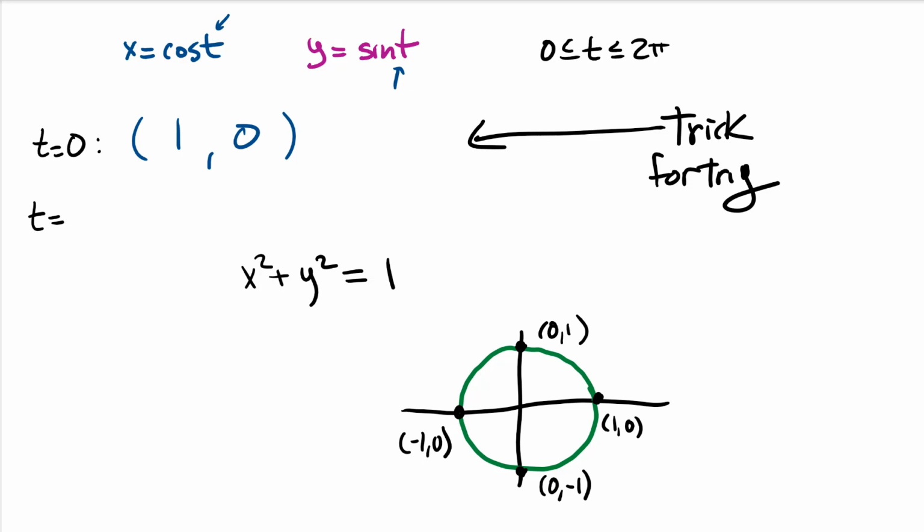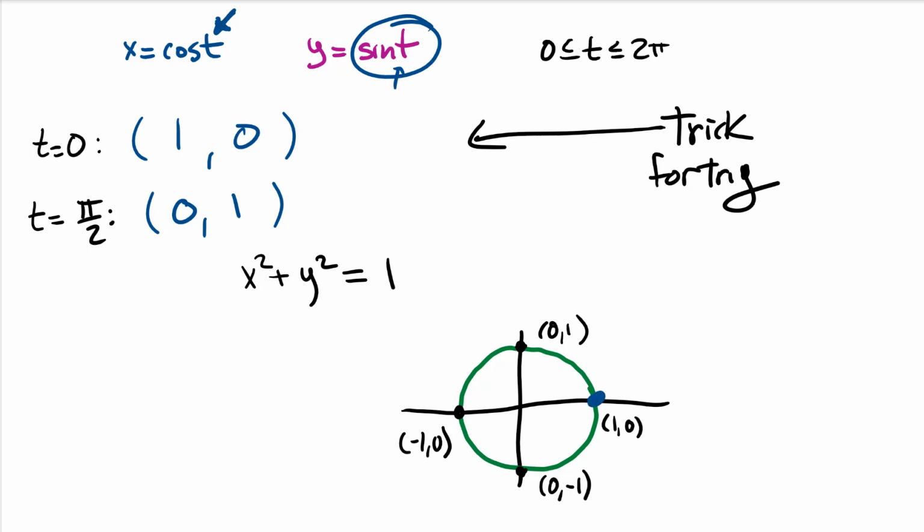Well, don't plug in 1. Do you know cosine of 1? I don't either. I want to go with pi over 2. Let's see what happens when we plug in pi over 2, right? Because we're dealing with trig functions. So cosine of pi over 2 is clearly equal to 0. And sine of pi over 2 is equal to 1.